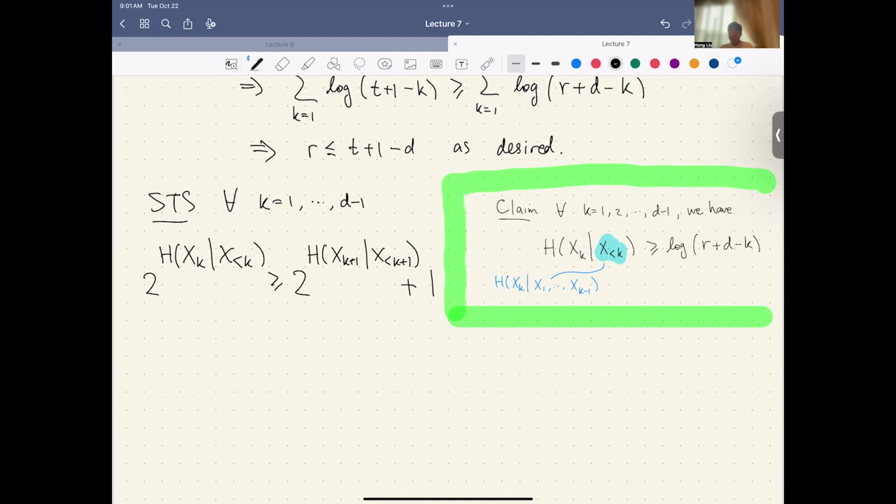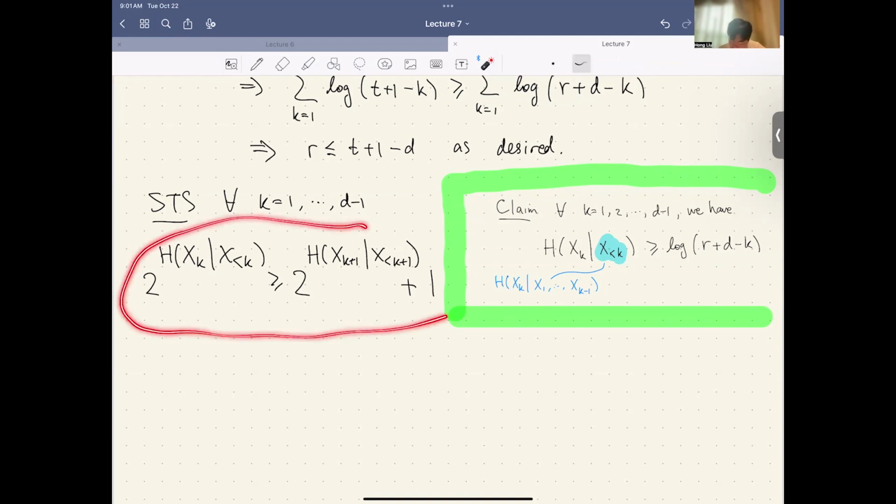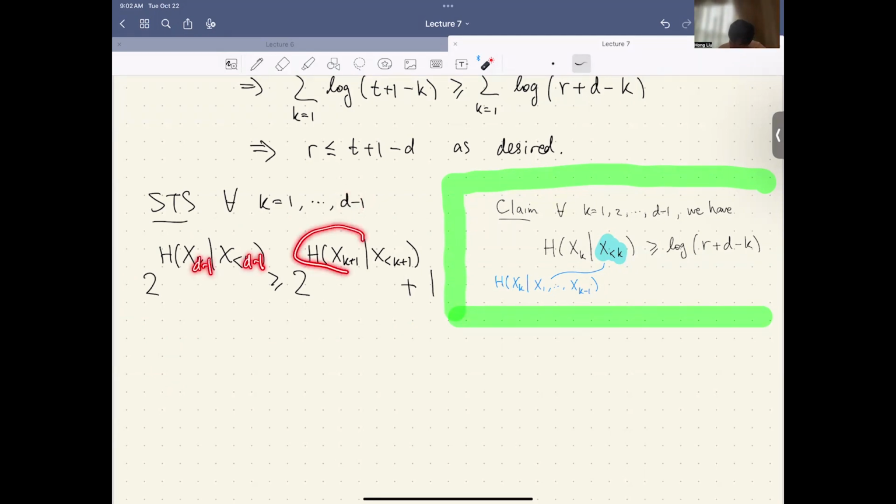If this is true, then we get the right-hand side simply by telescoping this inequality. For example, if you plug in d minus 1, here you have x(d minus 1), and here is precisely, by definition, r.